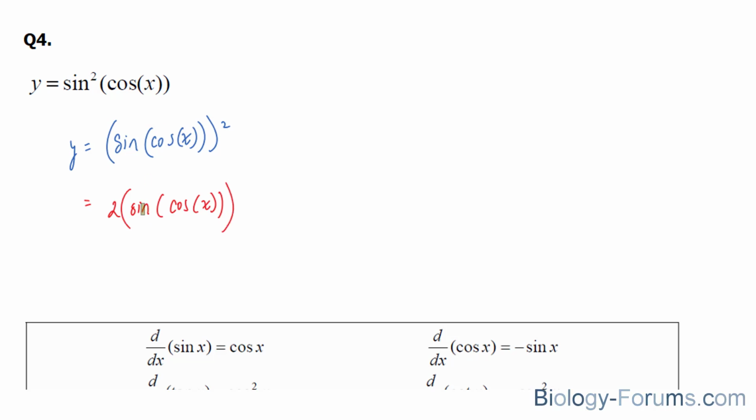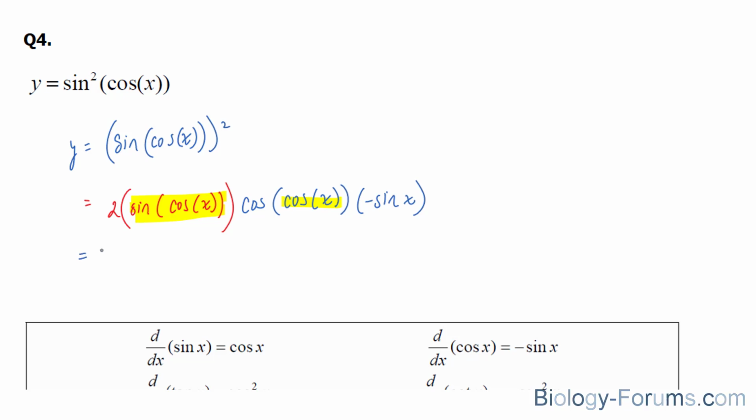And now we will differentiate this part. The derivative of sine is cosine. That stays the same. And now we're going to find the derivative of this, which is not hard to do. We know that it equals negative sine x.